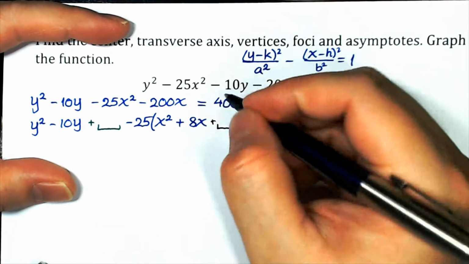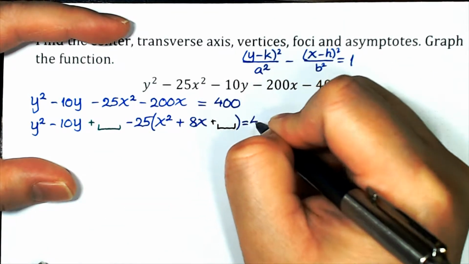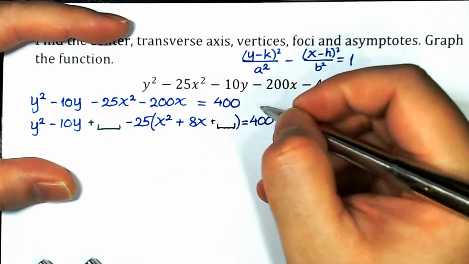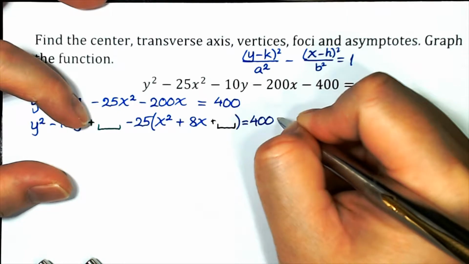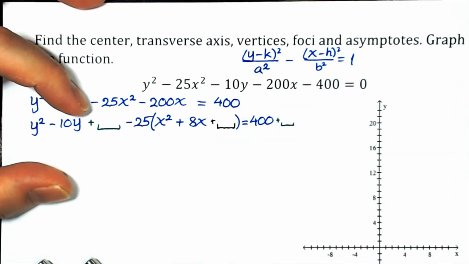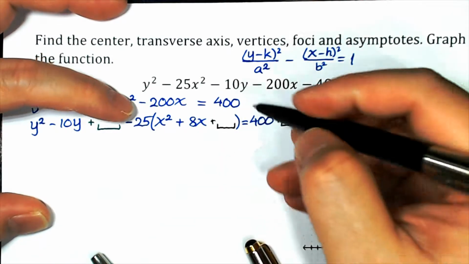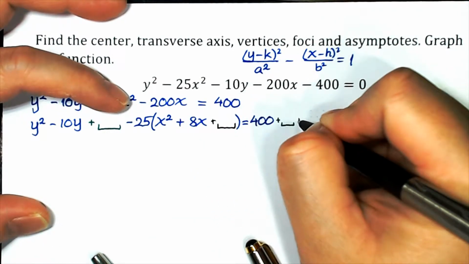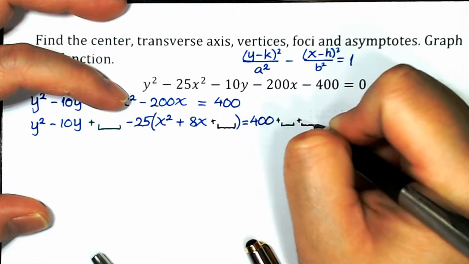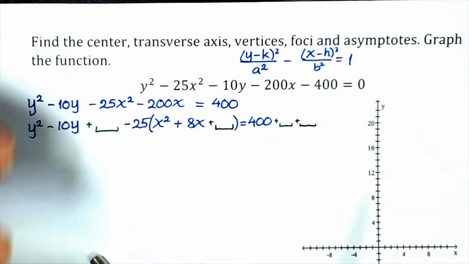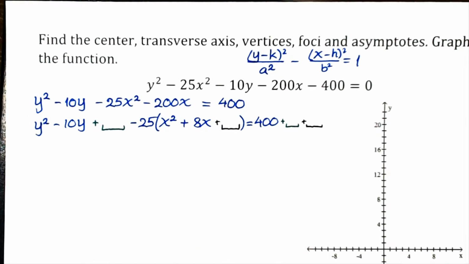And on the other side we have 400. Now if we add something to this side, we have to add something to the other side. That one is perfectly fine. This one, if we add something on this side, we're going to add something on that side as well. Just watch out for the negative 25 in front of it. That might be a problem.